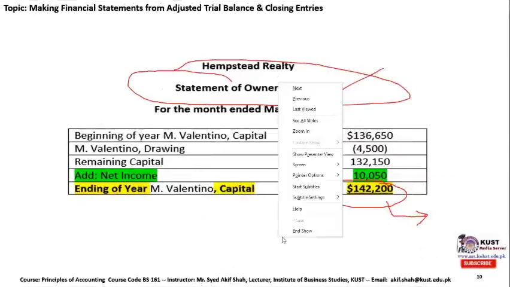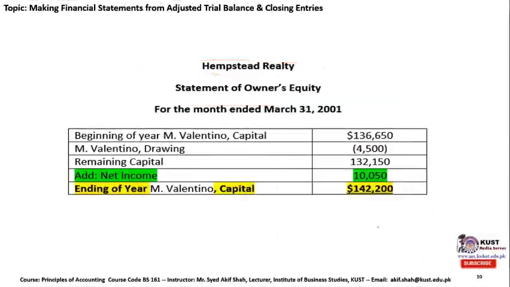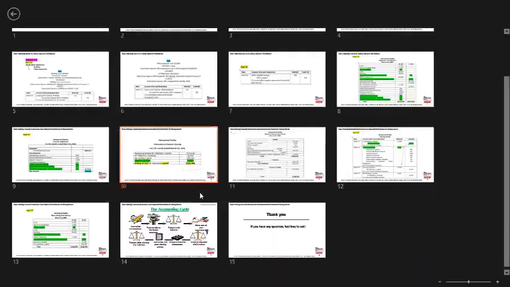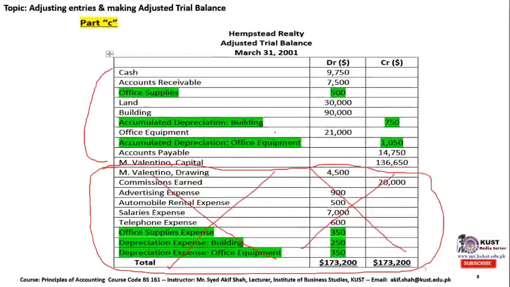As we can see, the final balance in the owner's equity section is $142,200. So this final owner's equity, that is M. Valentino capital, should be used for the subsequent steps.